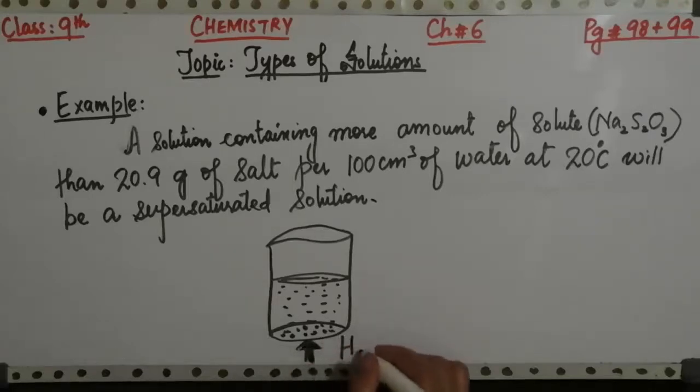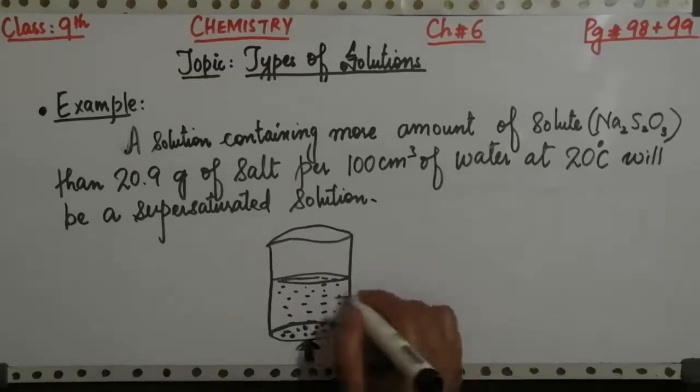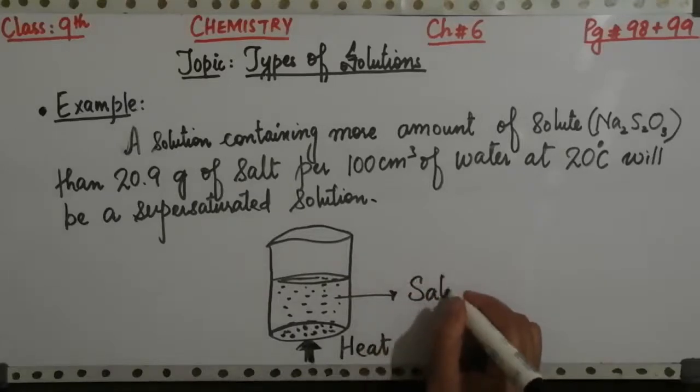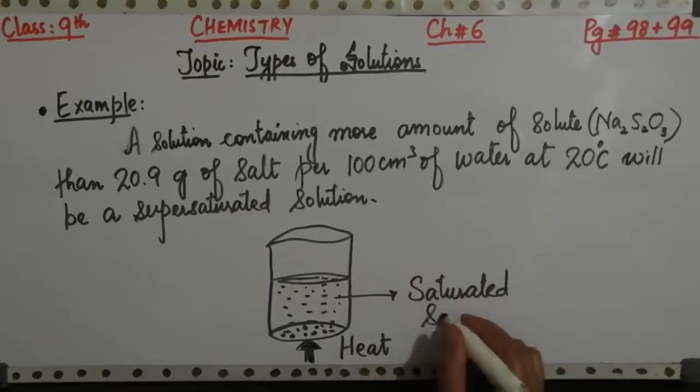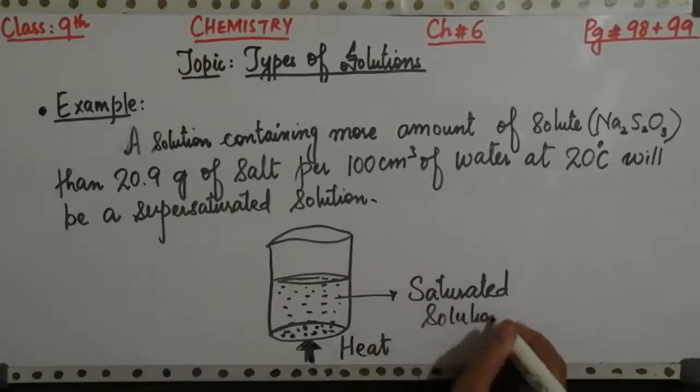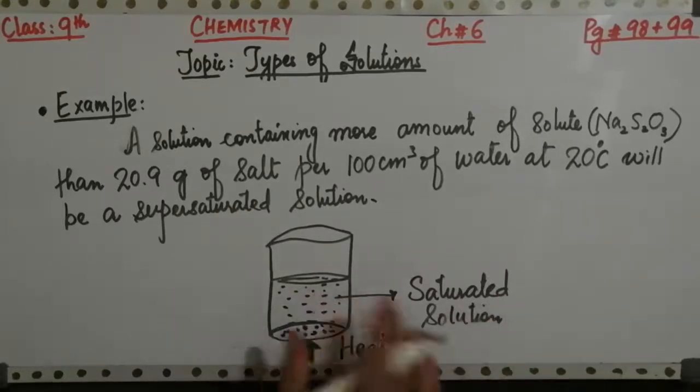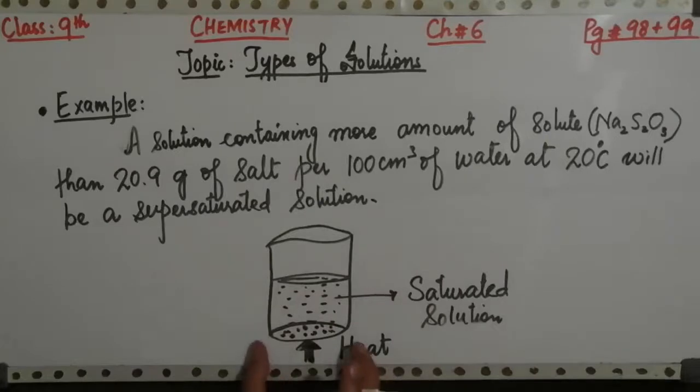when you will heat up the solution, what happened to this saturated solution? That the particles which were previously settled to the bottom, now they will dissolve in the water, they will dissolve in the solution, and no more particle will be left behind.